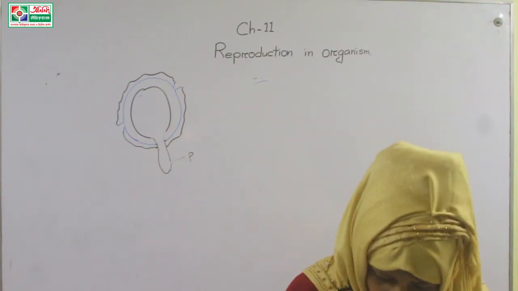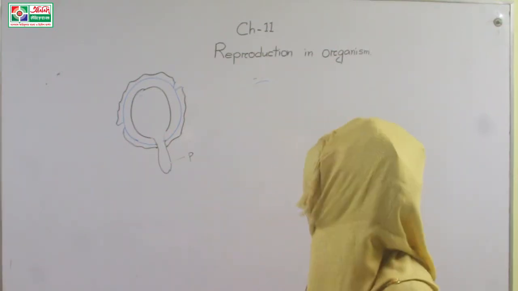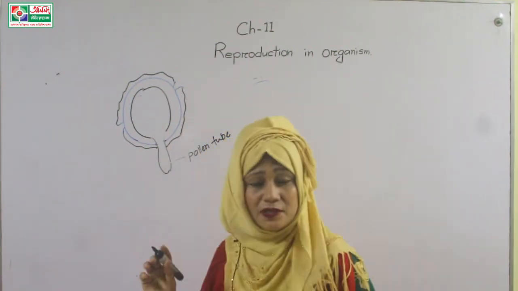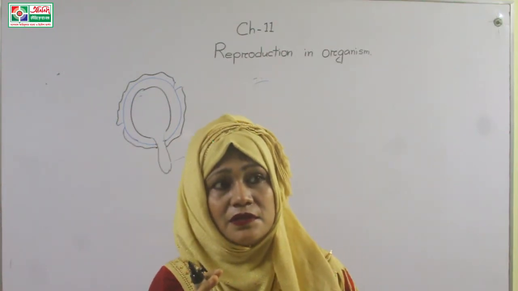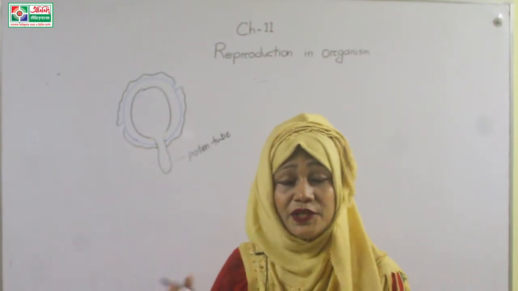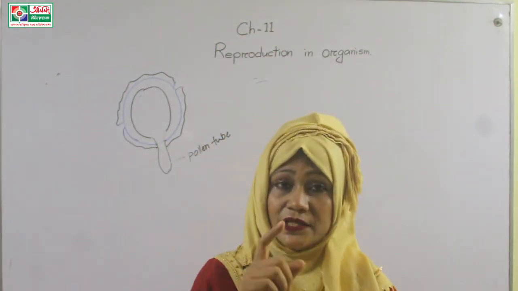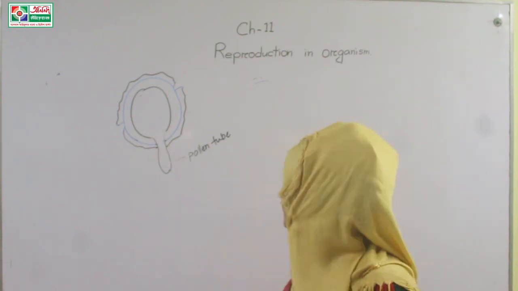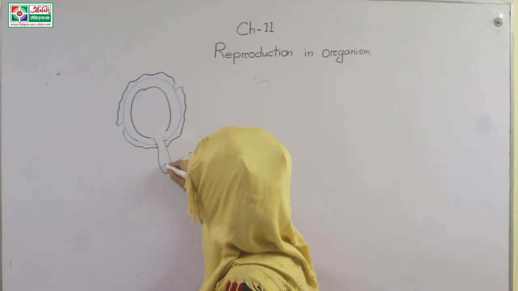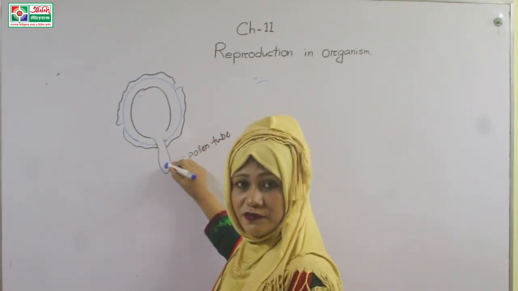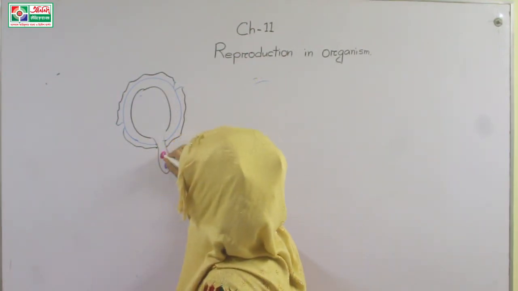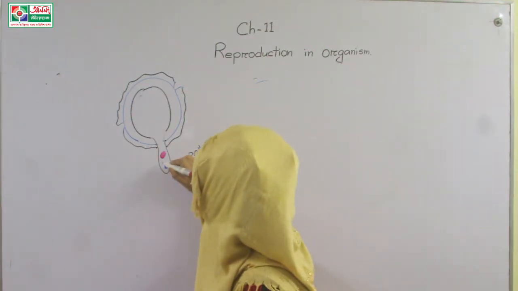Students, you know that the nucleus of the generative cell is much more active than the nucleus of the vegetative cell. It should be active because it has to produce two gametes. Suppose this one is the nucleus of the vegetative cell, and this one is the nucleus of the generative cell and cytoplasm.